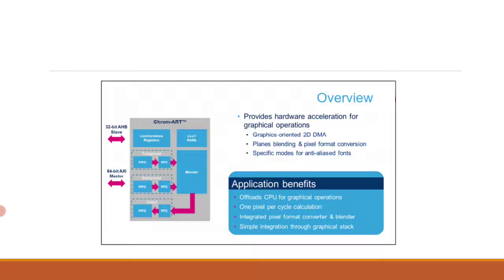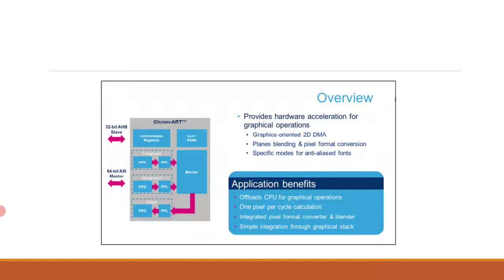The Chrom-ART accelerator will offload the CPU for most of the graphical operations with a 1 pixel per cycle throughput, integrated pixel format conversion and blending. The Chrom-ART accelerator is fully integrated in graphical stacks, making its software integration transparent to the user. So here is the Chrom-ART structure.